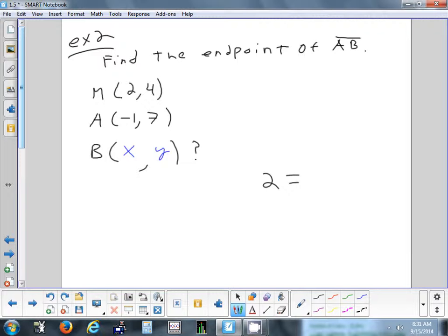How about Olivia? Yeah, negative 1. That's one of the x values we're working with for point A. Dakota, what's the other x value? That's the midpoint. We've already used that. What's the other x value for my segment?